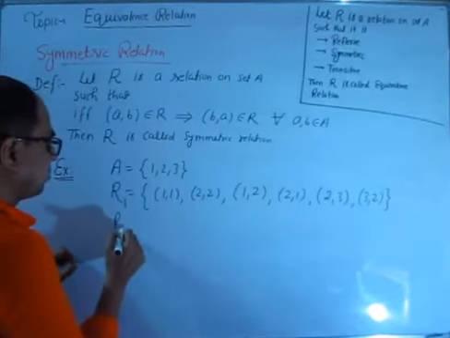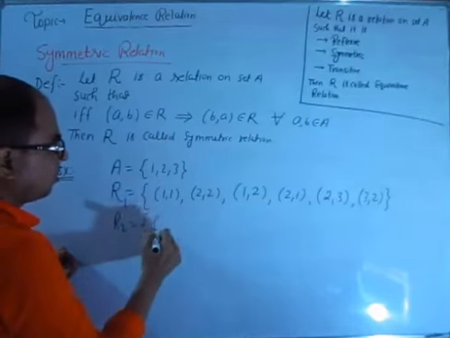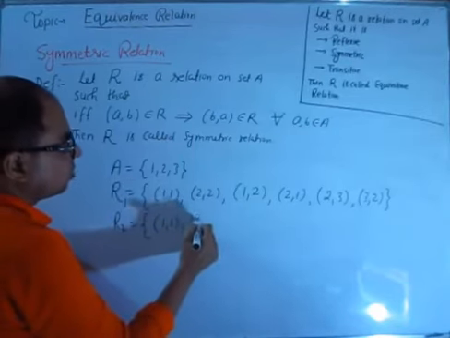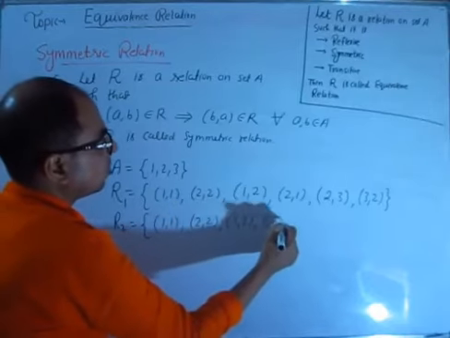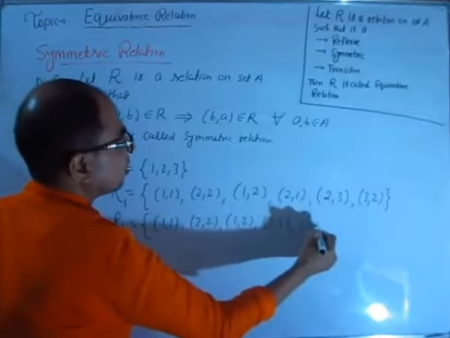Let the second relation, R2, in the same set be (1,1), (2,2), (1,2), (2,1), (2,3).